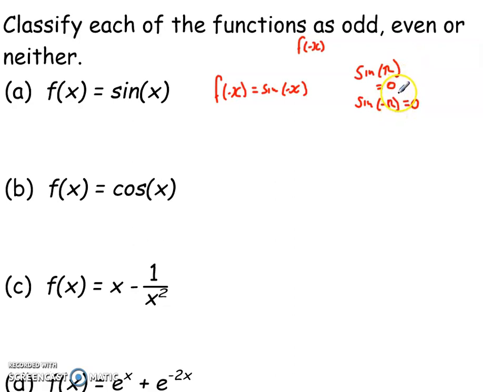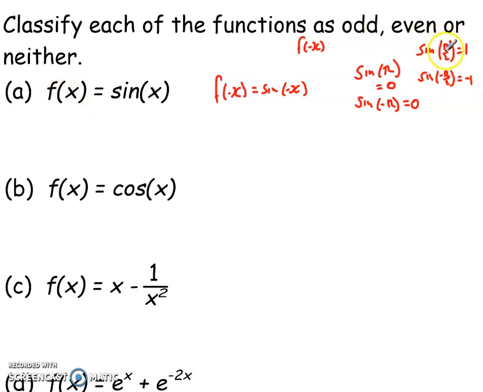But could that hold for every value? Well, let's check a different value. Let's imagine I do sine of pi over 2. So that's the equivalent of sine of 90. Well, we know sine of pi by 2 is equal to 1. If I then go back pi by 2 from the 0, and I do sine of negative pi over 2, well, that is equal to negative 1.